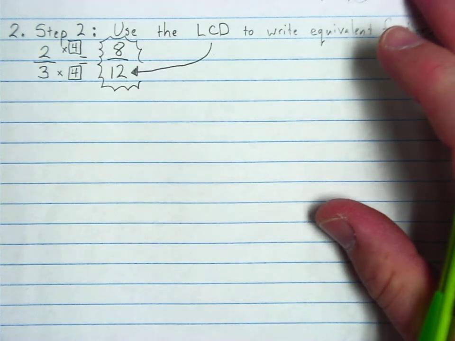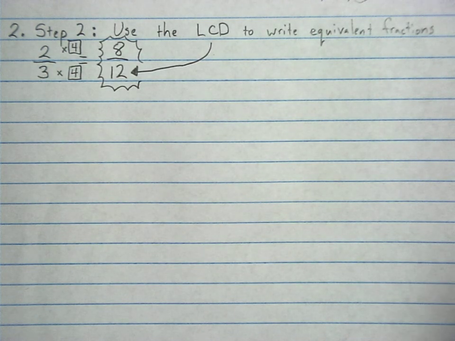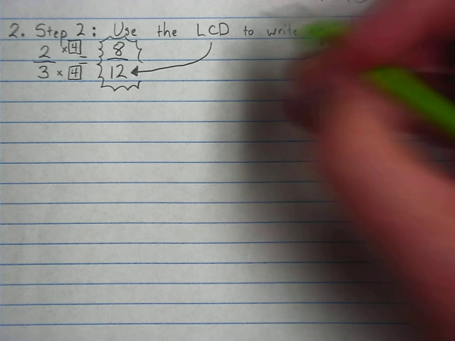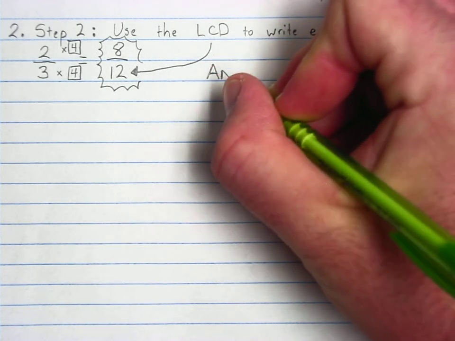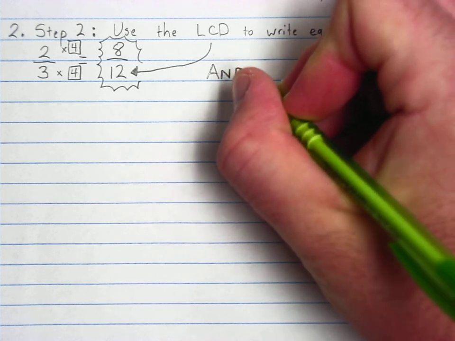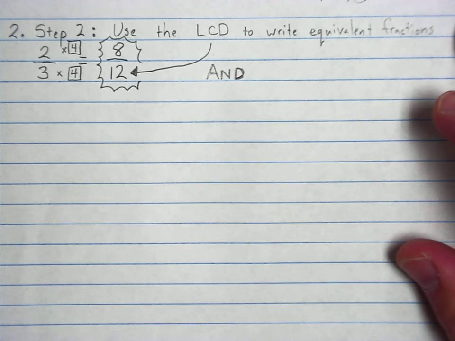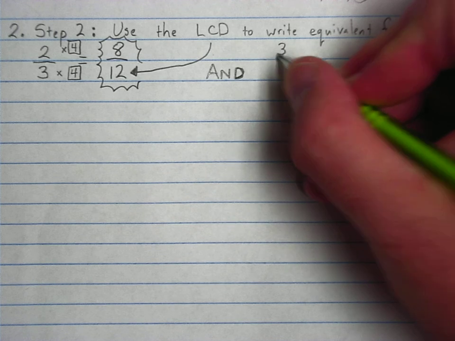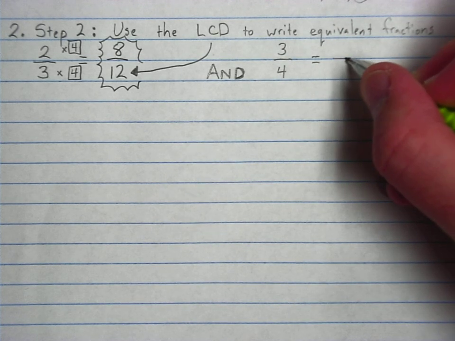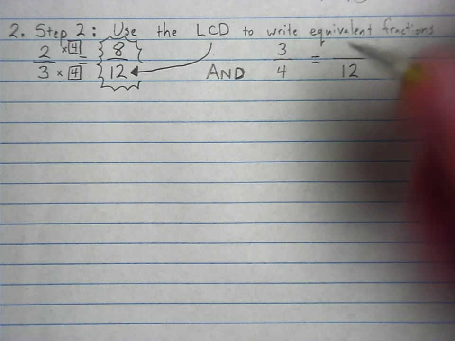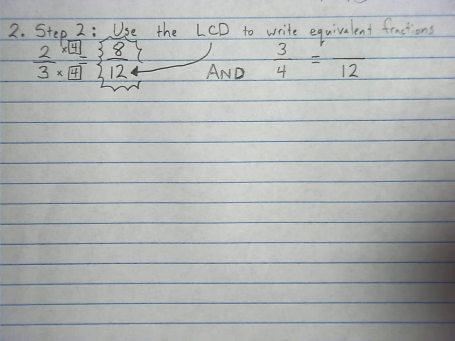The sizes of the pieces are different, but it's the same amount of stuff. If I were to shade in boxes like we did with our models, it would look the same. Now, I did that with the first one. I need to do it with the other one as well. 3 over 4 is equal to, again, something over 12. I don't know what the something is yet.